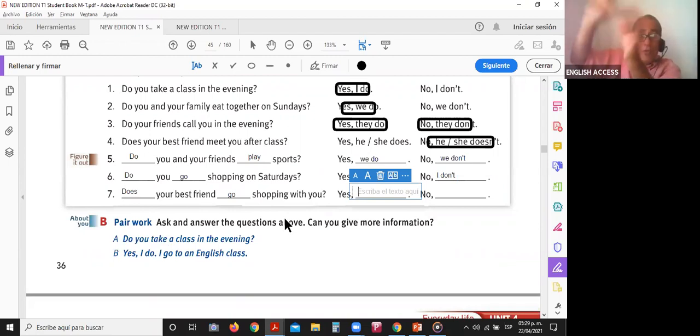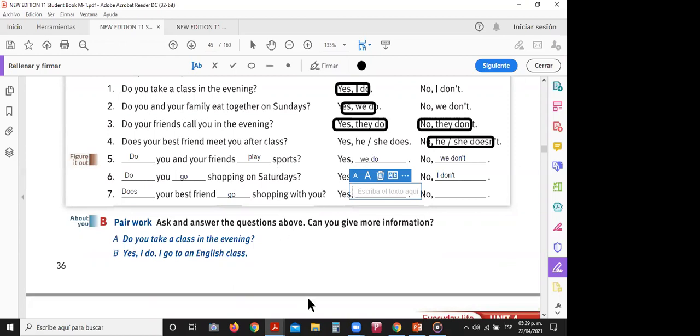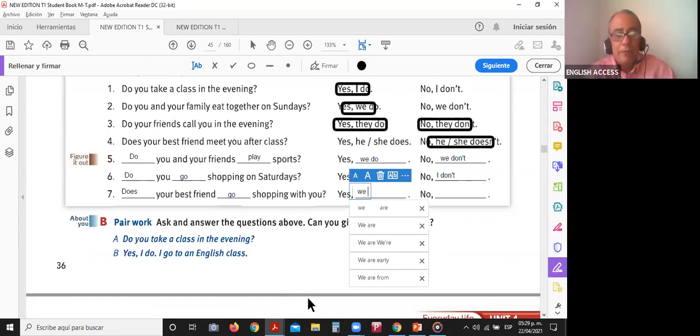They is another, two other people. But this is you and your friend, like this one. You and your friends. No, it's you and your friends. First person, we do.